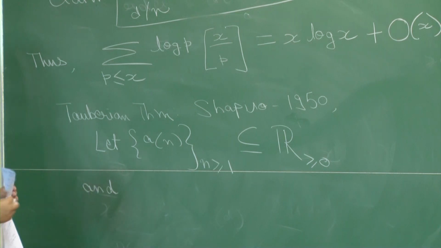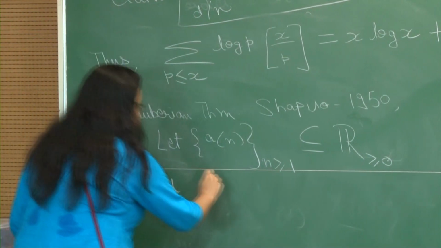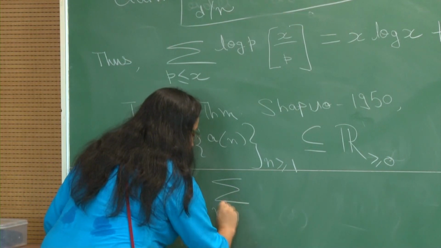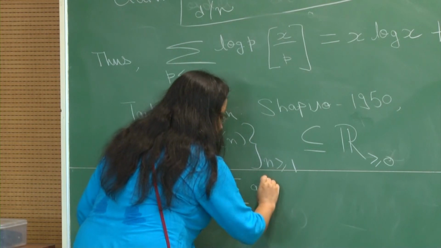Suppose you know that a certain weighted sum of these sequences with a specific function can be estimated.